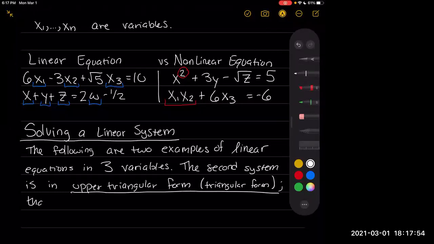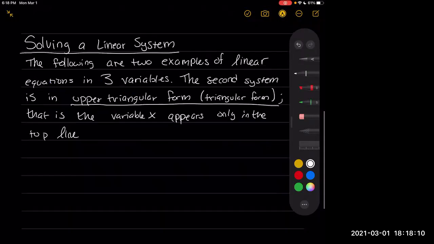So that is, the variable x appears only in the top line and doesn't appear in the next two.